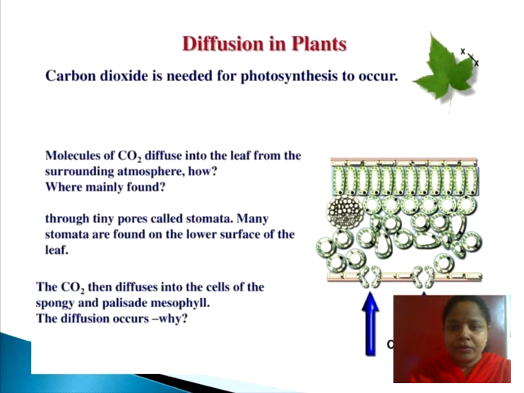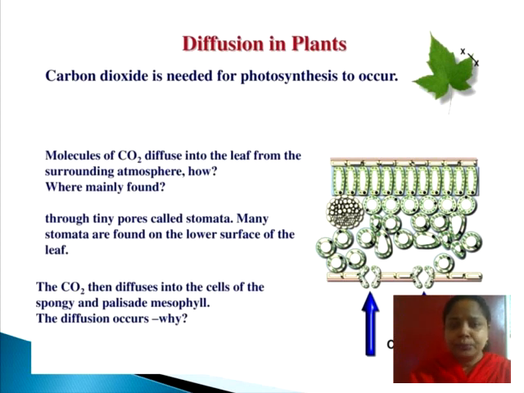Now we come to the physiological processes occurring in plants that involve diffusion. All of you know photosynthesis. Carbon dioxide is needed by the plant for preparing its food. How does this carbon dioxide come inside the mesophyll cells of the leaves?